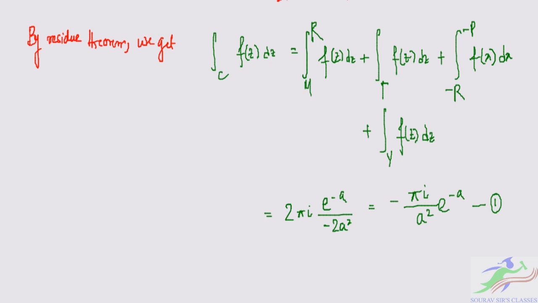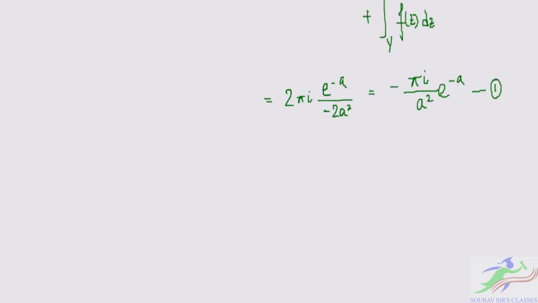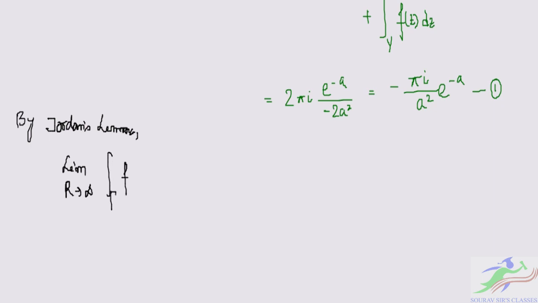So by Jordan's lemma, the limit as R tends to infinity of the integral over tau of f(z) dz is going to be 0.